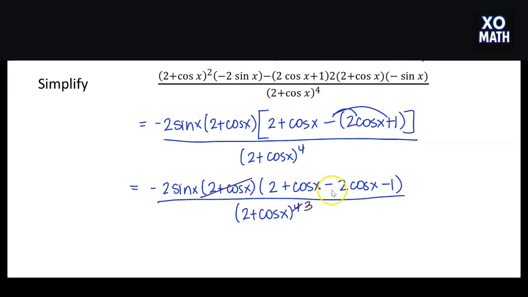Now I do want to simplify what's in the parentheses because there are some like terms. So in the numerator, I'm going to have negative 2 sine x times the quantity 2 minus 1 is 1, and then cosine x minus 2 cosine x, that's minus cosine x, all over the quantity 2 plus cosine x, all to the 3rd power.